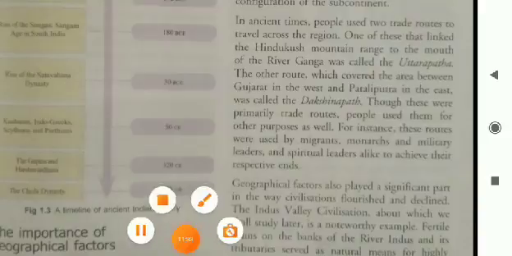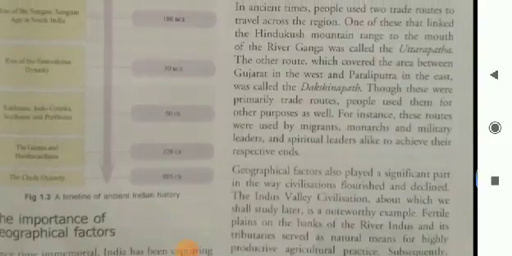In ancient times, people used two trade routes to travel across the region. One of these, which linked the Hindu Kush mountain range to the mouth of the river Ganga, was called the Uttarapath. The other route, which covered the area between Gujarat in the west and Patliputra in the east, was called the Dakshinapath.